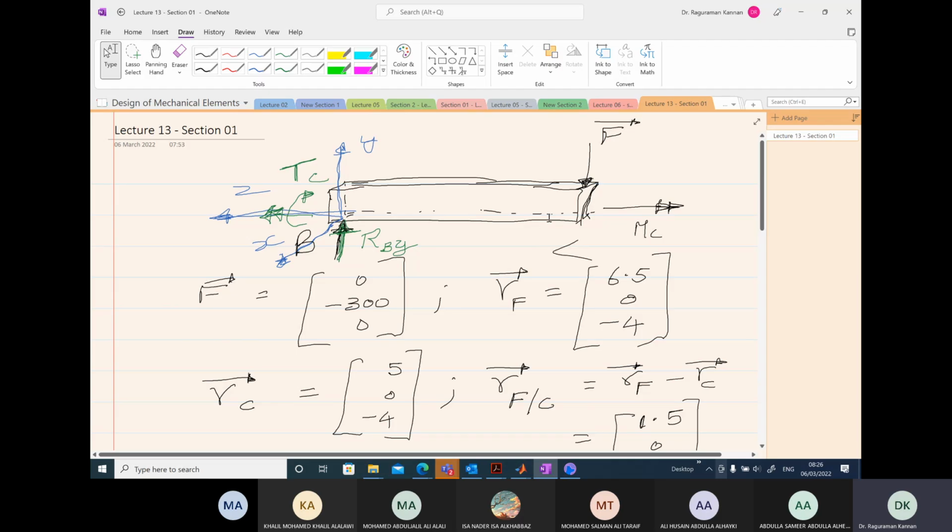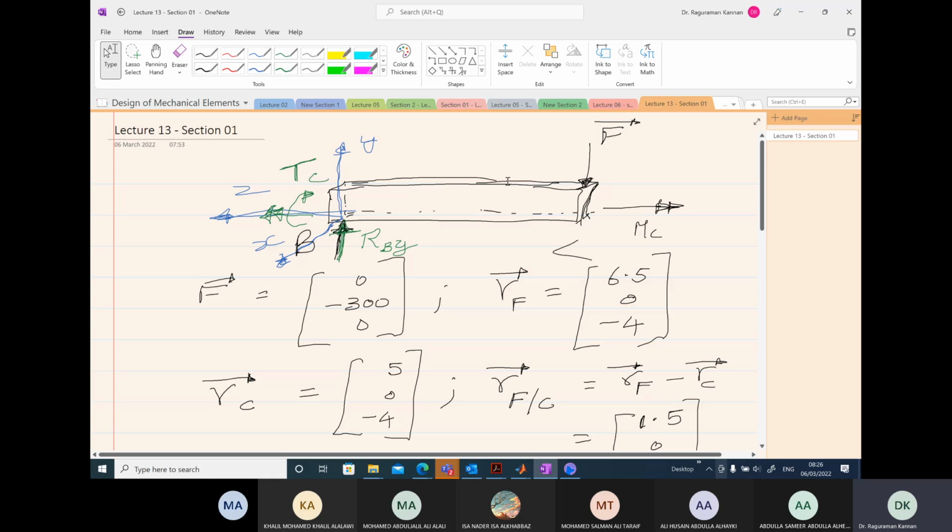So what we have is a torque. Torque will give rise to shear stresses. And the shear stress just depends upon the radial distance or height from the centroidal axis. In the case of a rectangular cross section, it will just depend upon the cross section dimensions. It does not depend upon the length. So the shear stress from torsion does not vary along the length.